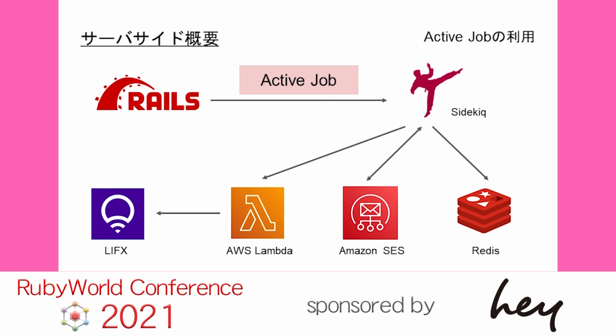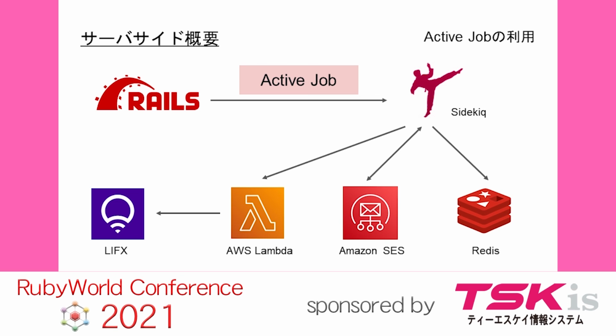Now, Active Job. Background jobs are controlled through Rails, and this is a command. The background worker is used for the persistence of the data, and systemd is used in addition to that. For this system, mail transmission, the small light on and off, and the API calls are put into the background job. Action Mailer is used for mail, CO2 alerts and heat shock alerts, and Amazon SES is used.